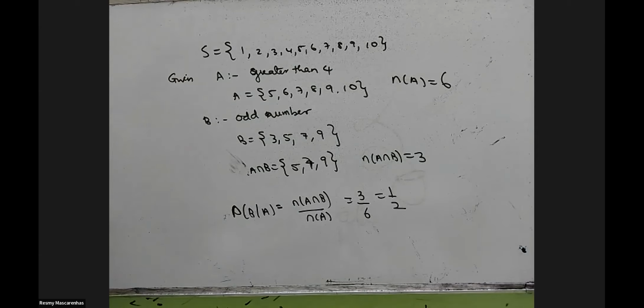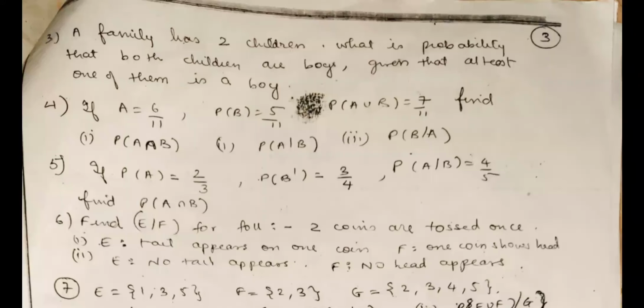Third one. A family has 2 children. Find the probability that both children are boys given that at least one of them is a boy.